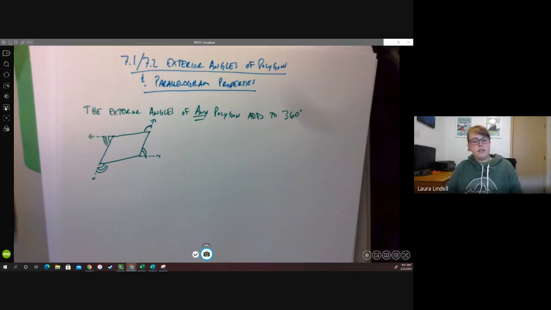We talked about exterior angles for triangles. We didn't really ever show or talk about exterior angles for other shapes. So for other polygons, that's generically what they're going to look like. You can extend the sides on any other polygon, and then those angles formed are going to be your exterior angles. And they always add to 360.